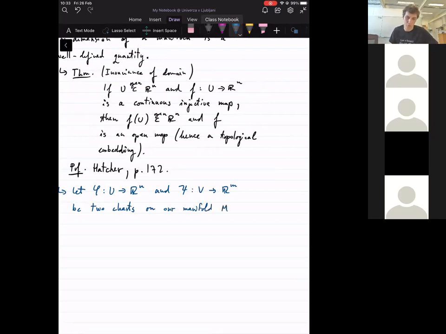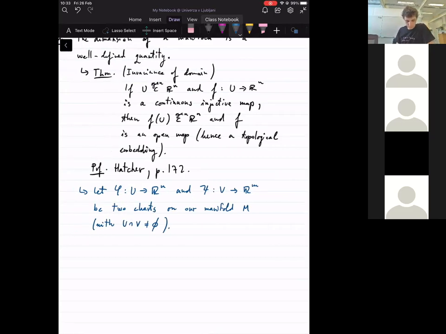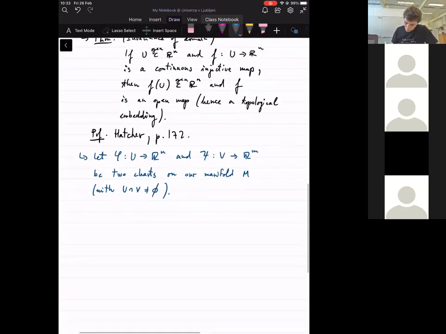And suppose, of course, that they overlap, okay? Now suppose that n is greater than m.